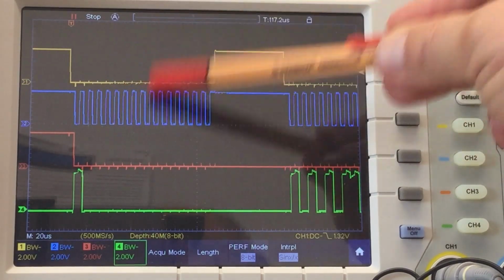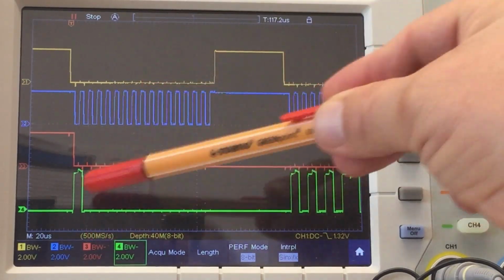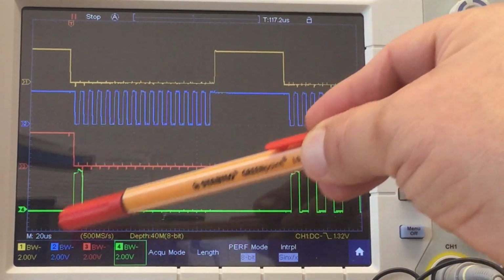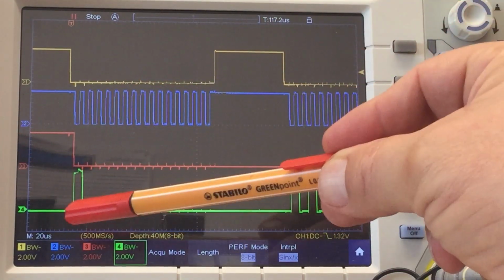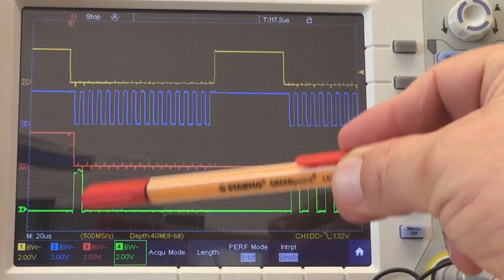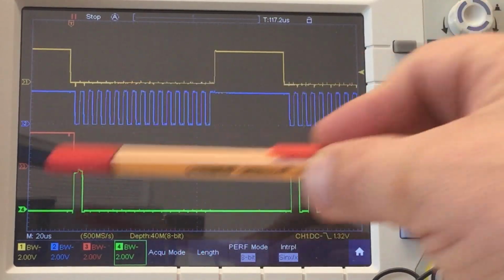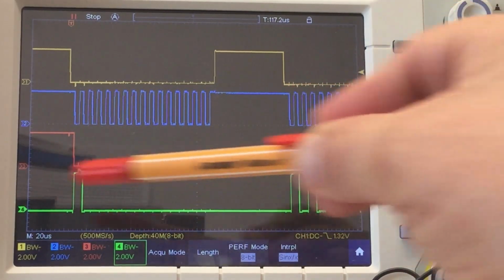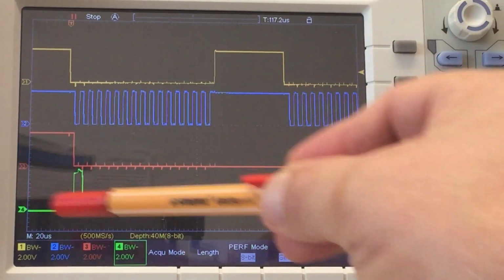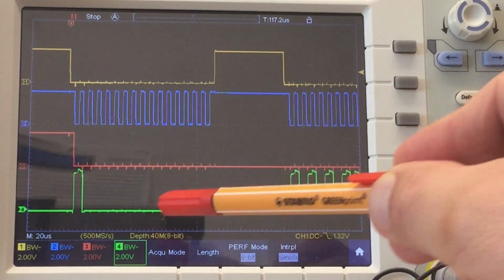That's my first transaction. I don't expect to get any data back, but in fact I do because of the previous commands, and that's the general error flag here.